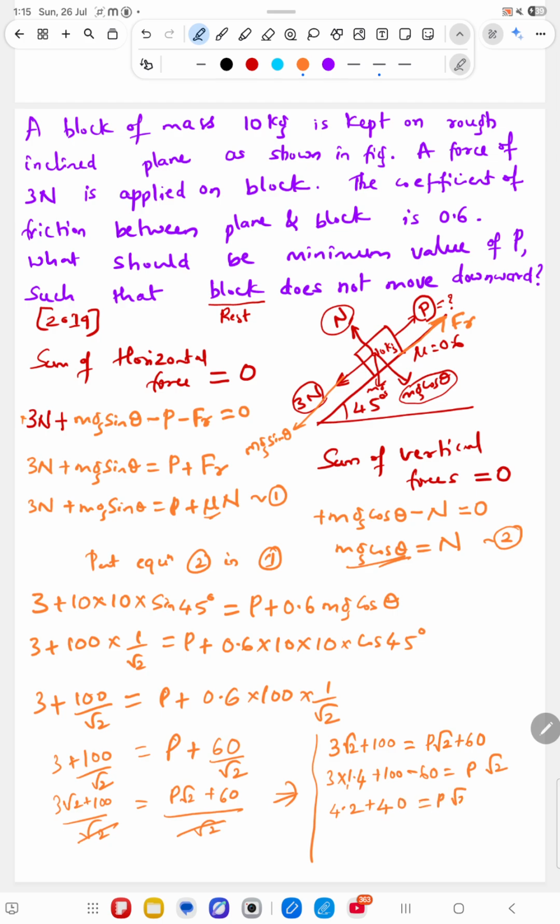So P root 2. Instead of taking 1.4, I will place it as it is, like 3 root 2 only. 3 root 2 plus 100, so 3 root 2, this is plus 40.